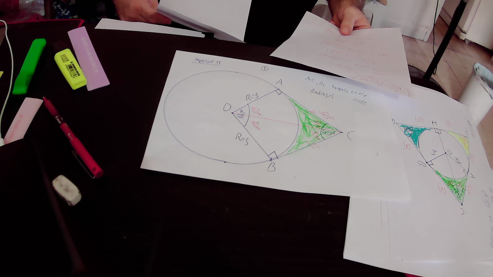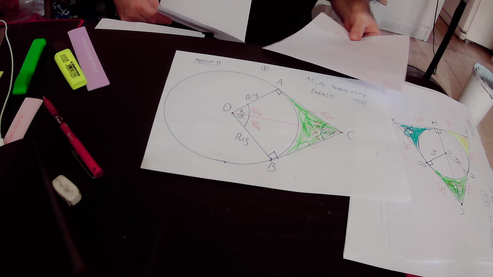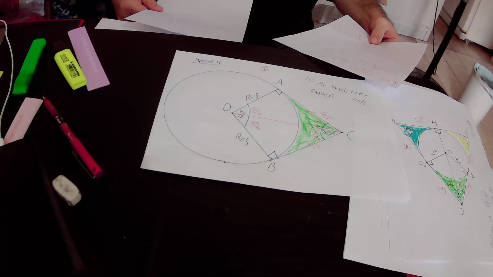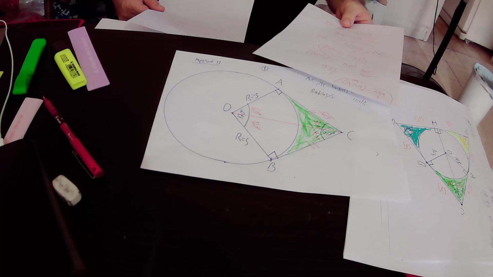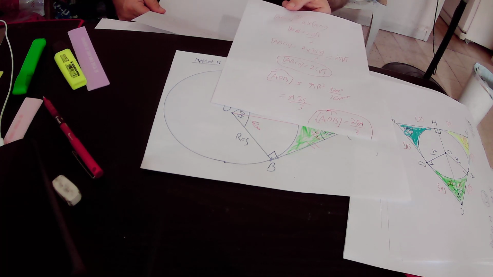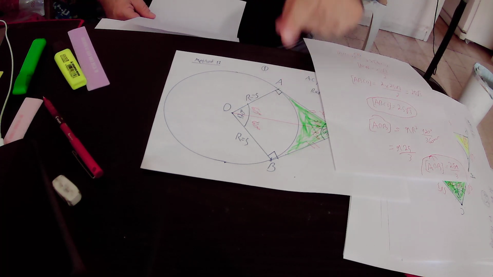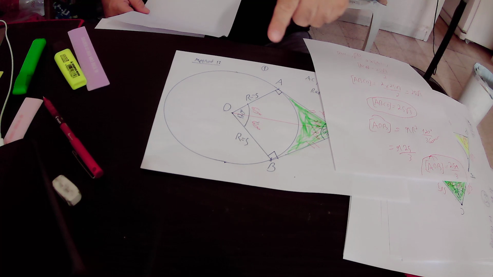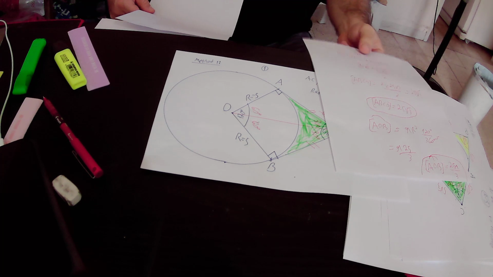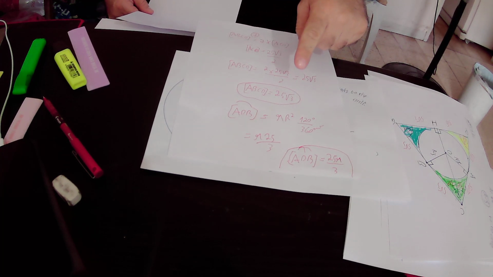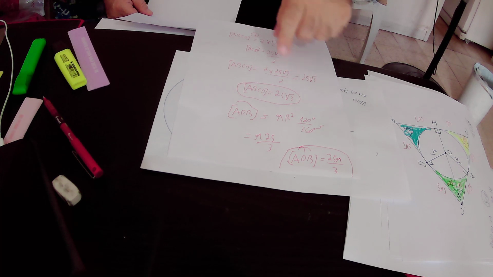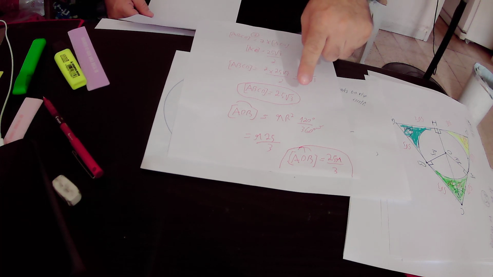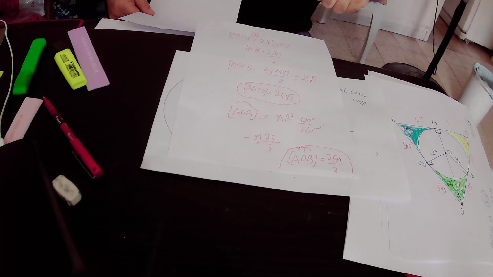Then we found the area of sector AOB. The area of sector AOB equals pi times r squared, that is the area of the circle, times 120 degrees over 360 degrees.